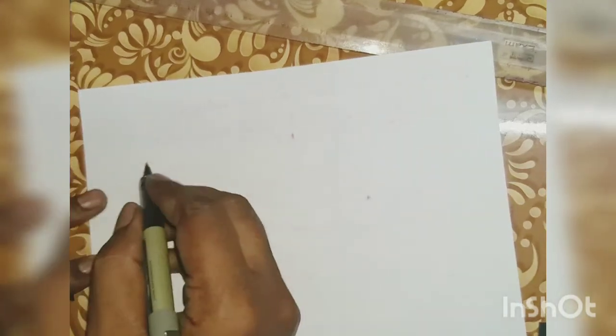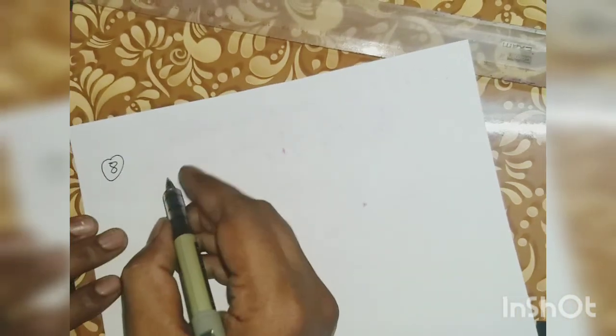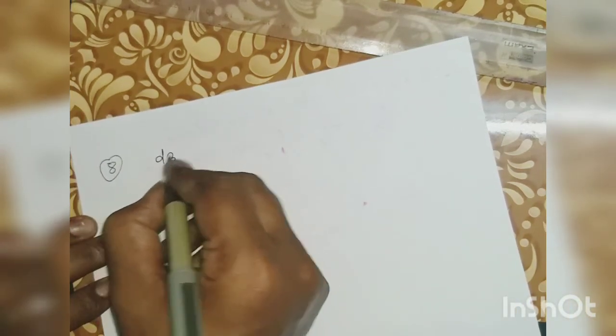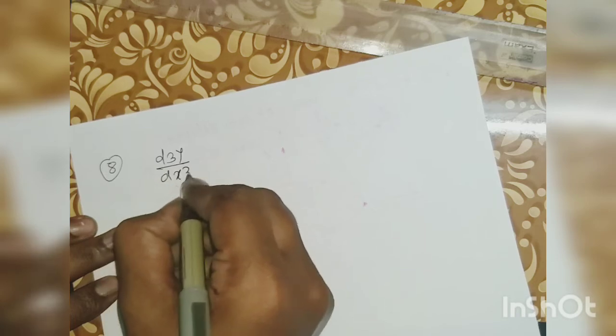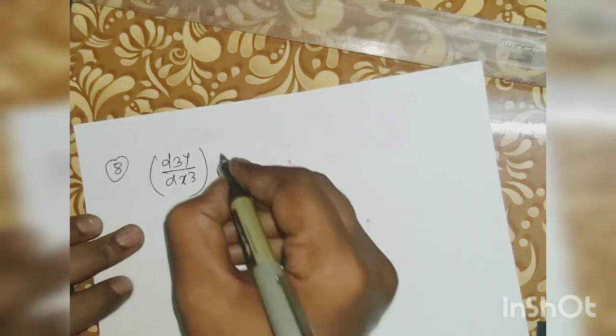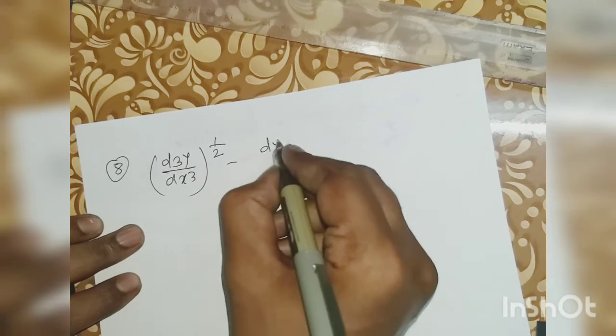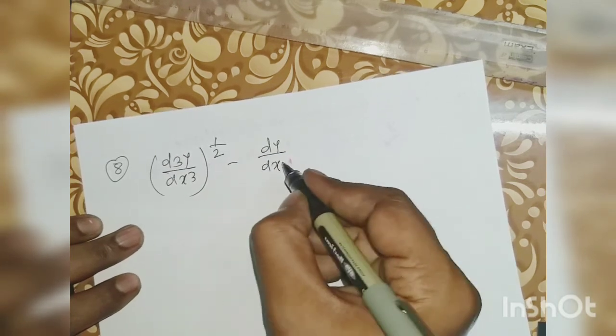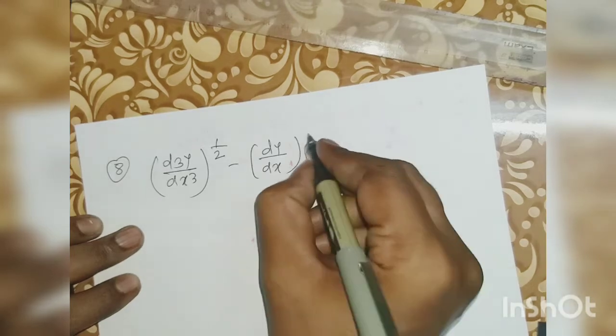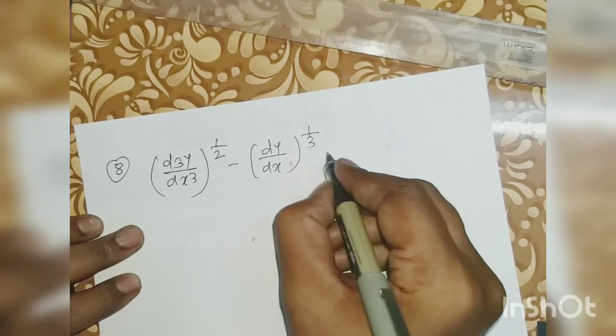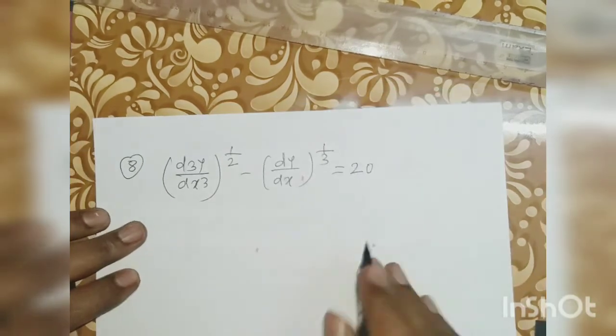Now we take the last example. Example number 8. (d3y by dx cube) bracket raised to half minus (dy by dx) bracket raised to 1 by 3 is equal to 20.